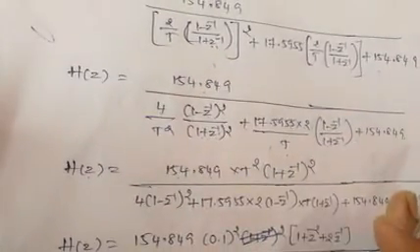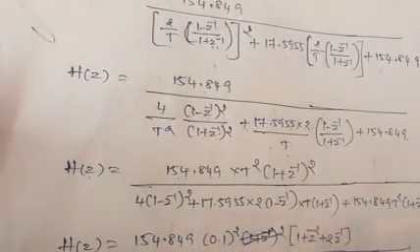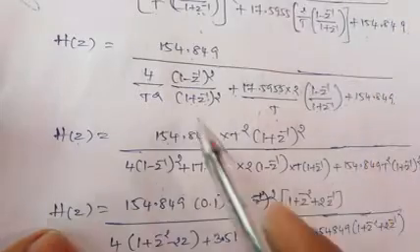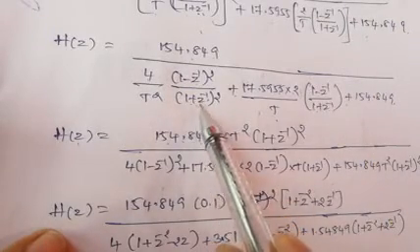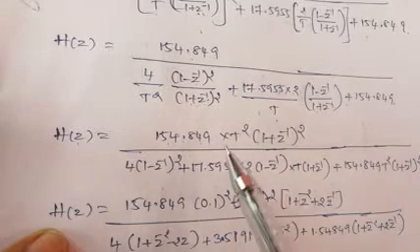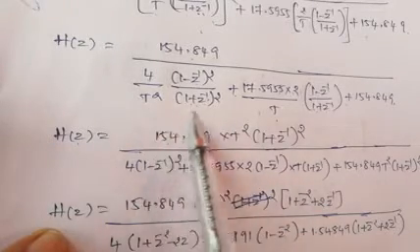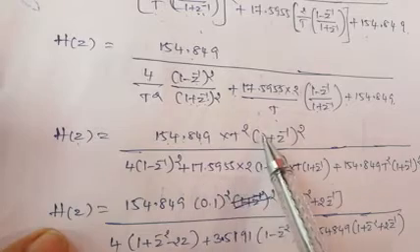Next step is I will take the LCM. See, LCM is what? (1 plus z to the power minus 1) whole square and T square. This becomes our LCM. So that term will go to the numerator.